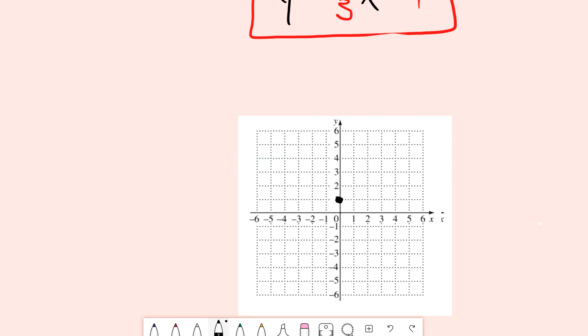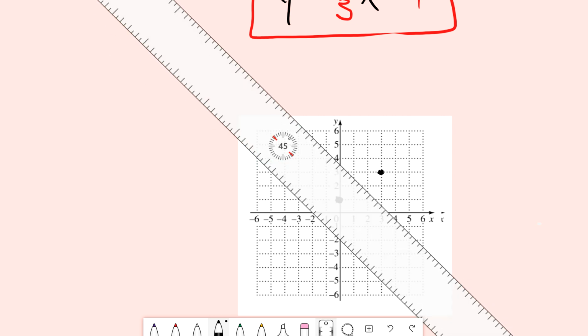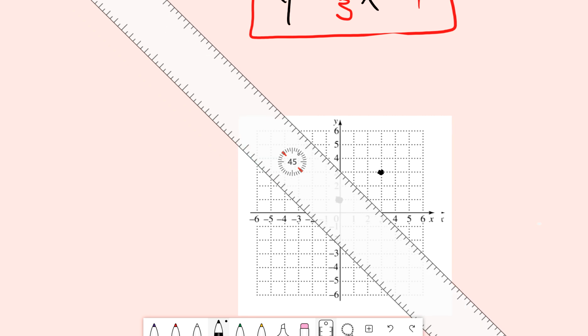Here's 1: when x is 0, y is 1. And then from this point on the y-intercept, I'm going to figure out what my slope is, which is 2/3. So that means I'm going to do the rise over the run. I'm going to go up 2 and over 3. 1, 2, 3. And this is the equation of that line that will be graphed.